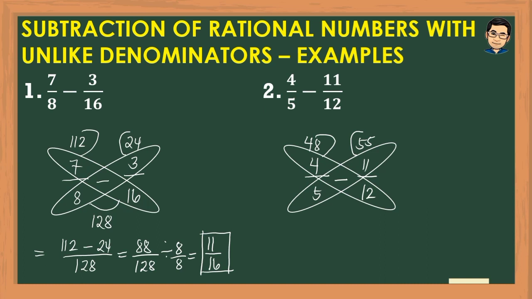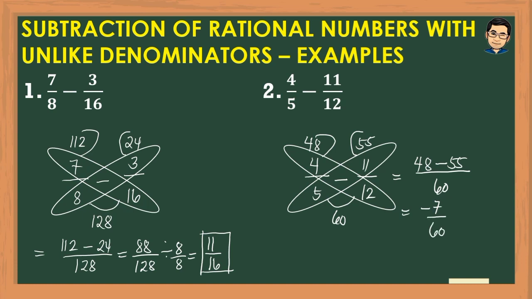And then we multiply the denominators 5 and 12, that is 60. And then we subtract 48 minus 55 all over 60. So 48 minus 55, that is negative 7 over 60.